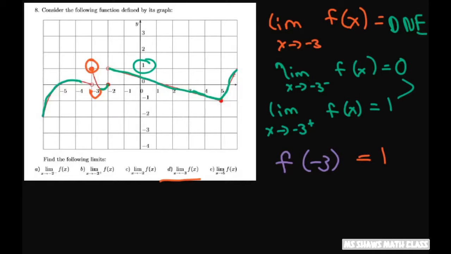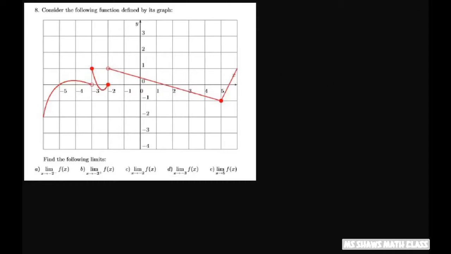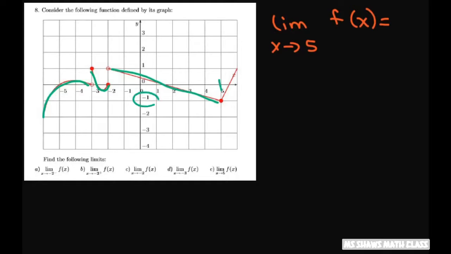Okay, for the last one, we have the limit as x approaches 5 of f of x. So, since we've gone through that, we know we have to do left and right-handed side limits. So if we go from the left to 5, we're at -1.